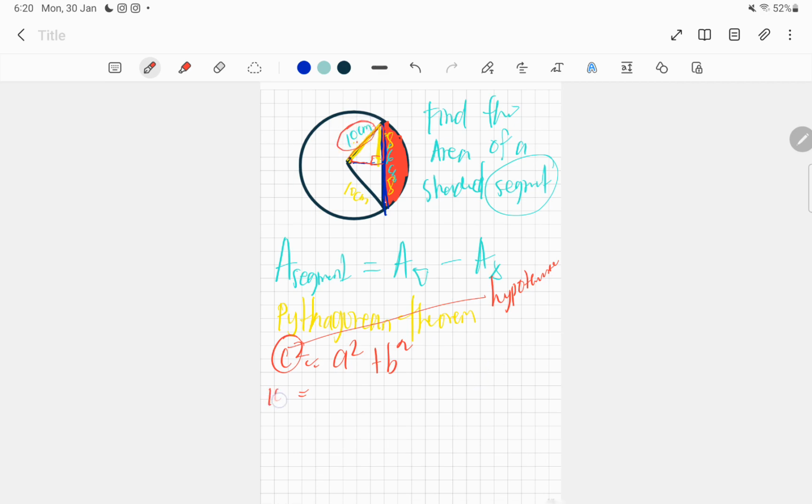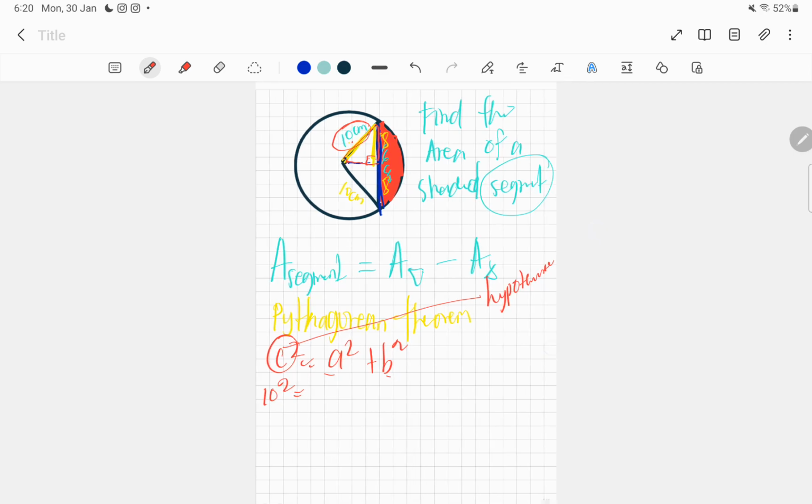So, you have 10 squared. And the given of 2 legs, okay, ito yung A and B, that is the measure of 2 legs of a triangle. So, dito, given yung isang leg, which is 8. Okay, given to, ito yung 8 natin. Okay, so we have 8 squared plus b squared. 10 squared is equal to 100. 8 raised to 2, that is equal to 64 plus b squared. Then transpose 64 to the other side, so you have 100 minus 64 is equal to b squared.